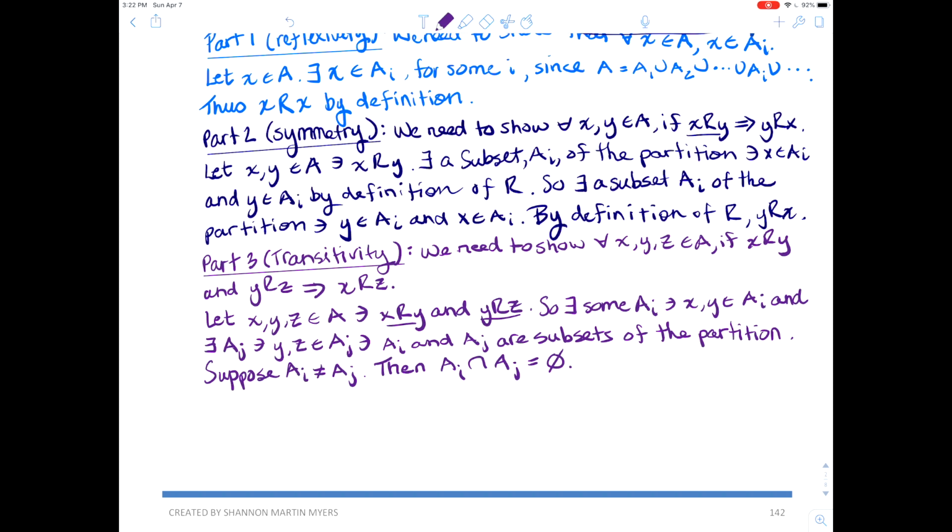But looking at those sets, what do you notice? AI intersect AJ must contain Y, because it's in both of those subsets.